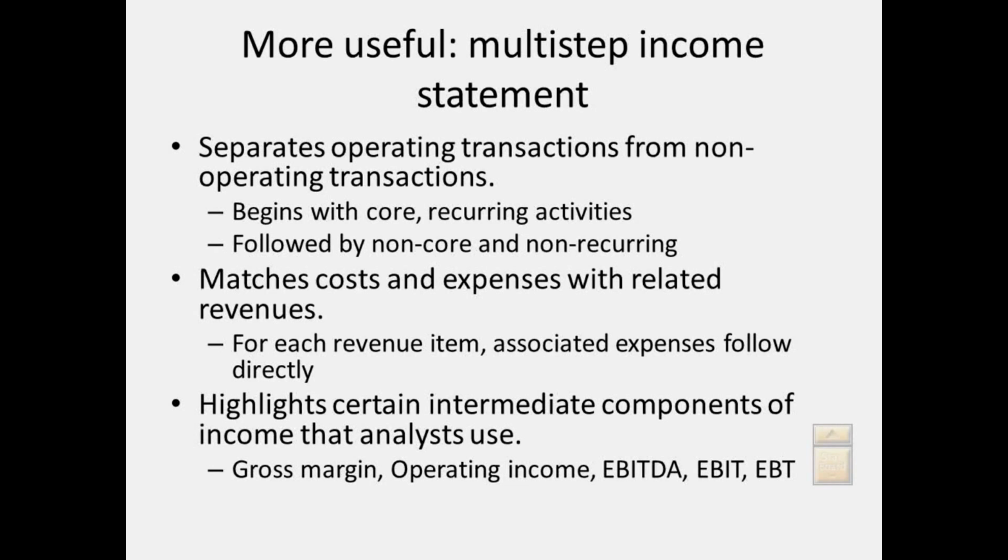So I may have spent a lot of money on a marketing campaign, even though it didn't generate the sale. Those are less related to sales, and the prediction on those may not be as consistent a percentage of sales. It's basically providing me with intermediate subtotals, and those subtotals are things that people sometimes forecast.